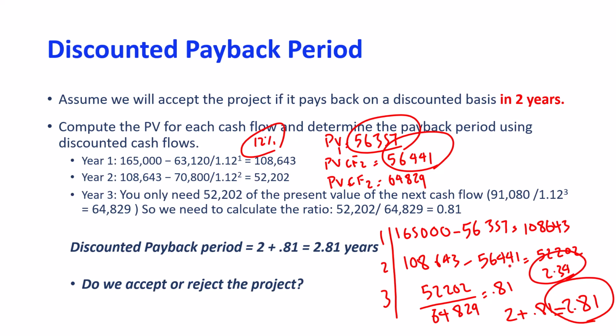Since the cash flows in present value terms are smaller, it takes longer for the project to pay back on a discounted basis rather than the nominal basis. So the discounted payback period is always longer than regular payback period.